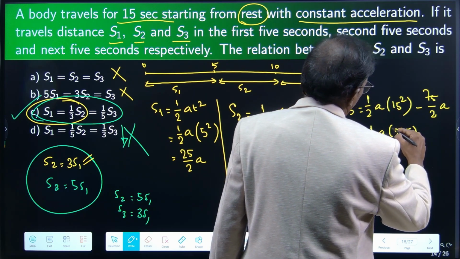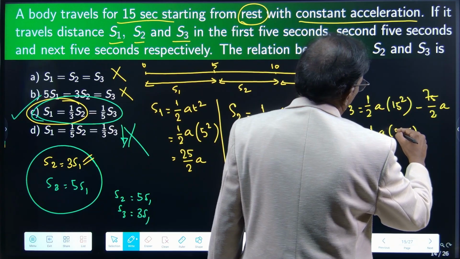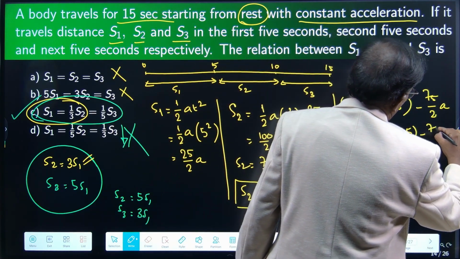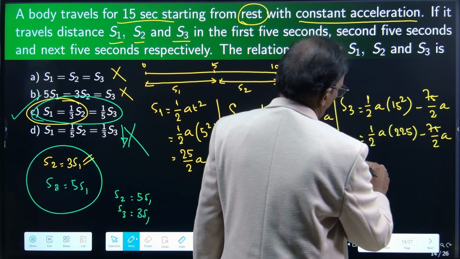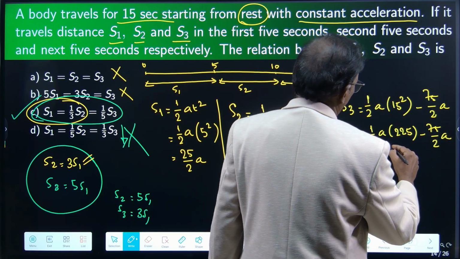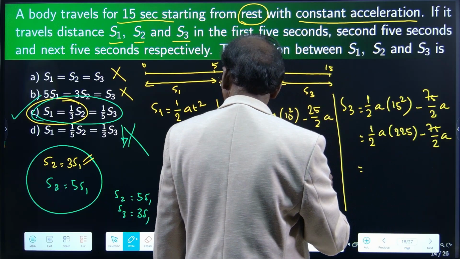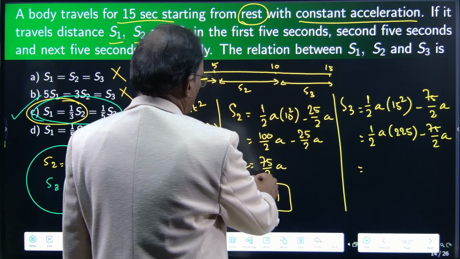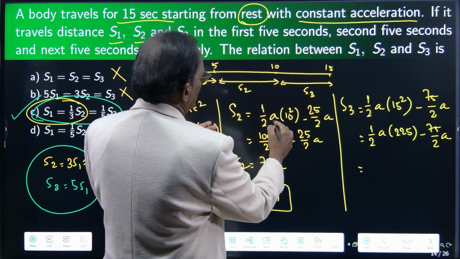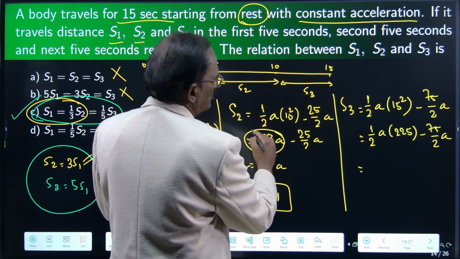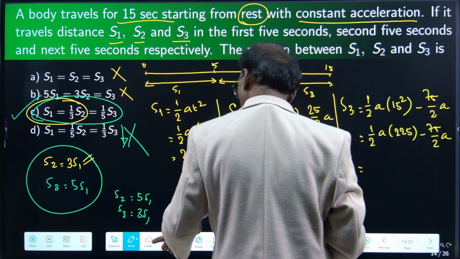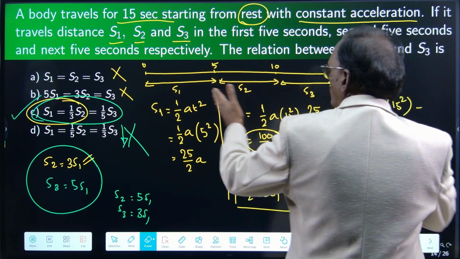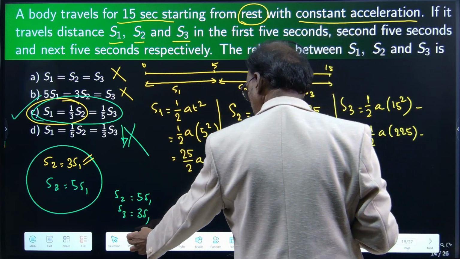Minus this distance, 75 by 2. Somewhere I have missed, this is not 75, this is S2. So this distance is 100 by 2a. I have to write 100 by 2a, I am sorry. The total distance is 100 by 2a.